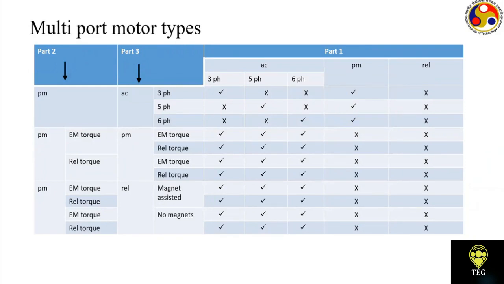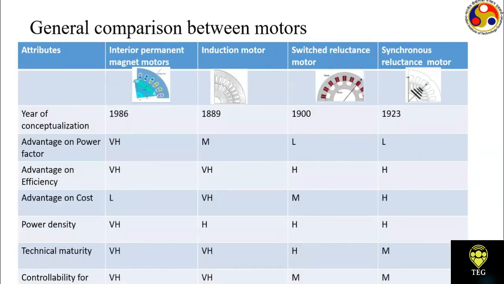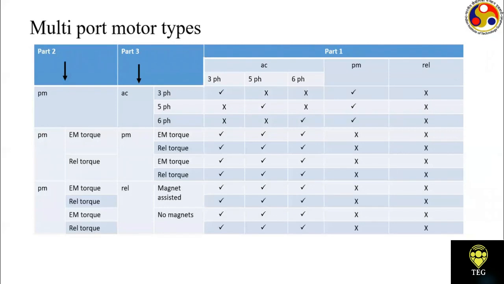Clear? If I do that, then gradually you will see that there are around 120 different configurations of motors which are feasible for an EV application. We can use 120 different kinds of machines, so the choice is huge.